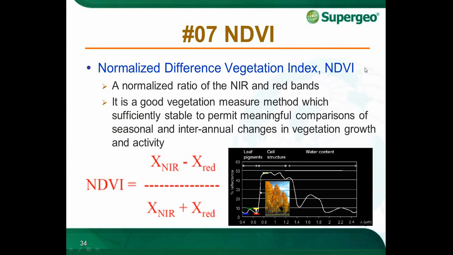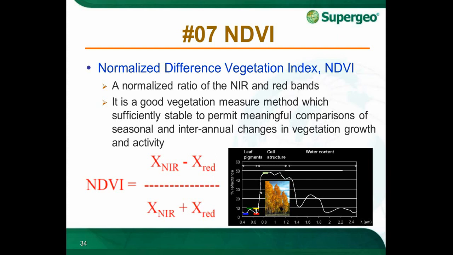Okay, this is going to be the final part of our demonstration, which is actually the NDVI. What is the NDVI? It is the Normalized Difference Vegetation Index. We have a variety of vegetation indices, and this one is mainly about how to find out where the plant is, where the vegetation is.